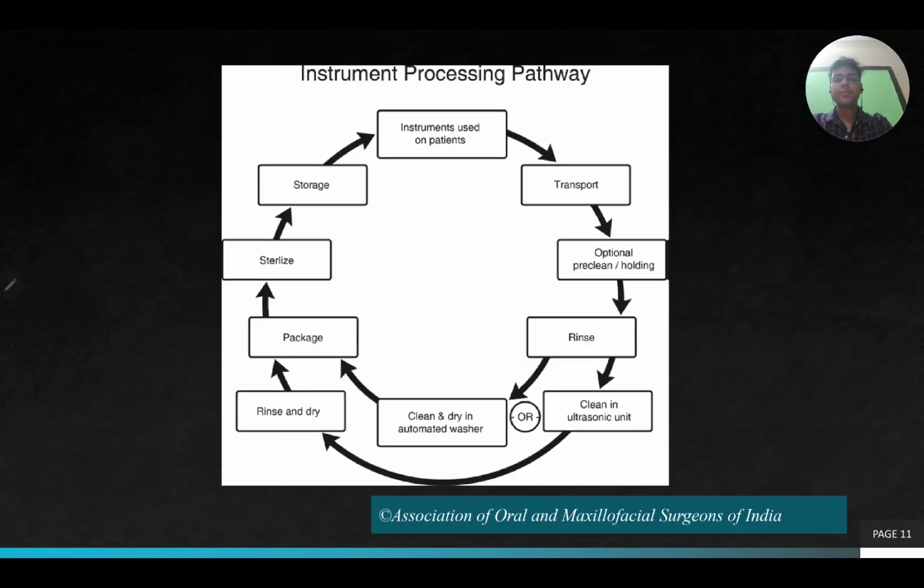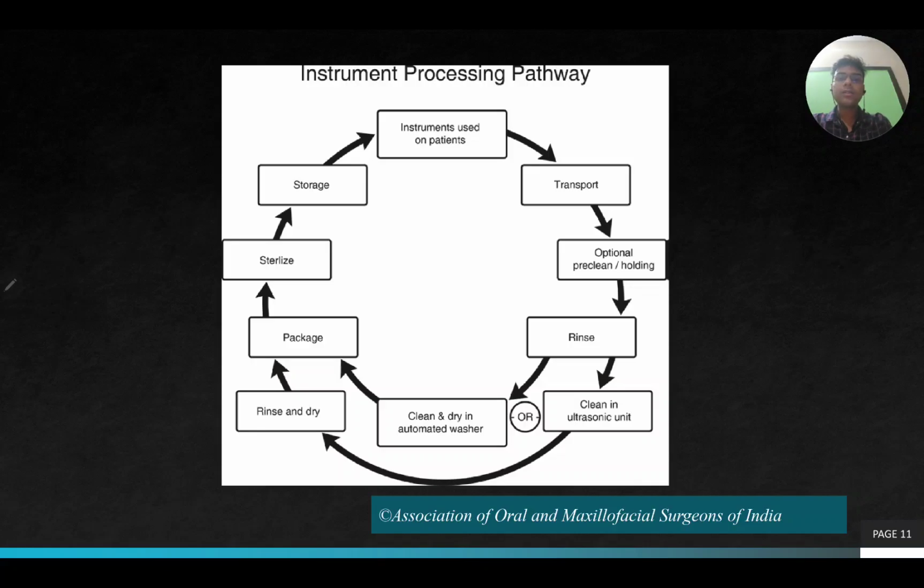Now coming to the instrument processing pathway, this cycle can be followed. This diagram has been taken from the AMSI book, that is the book by the Association of Oral and Maxillofacial Surgeons of India, on oral and maxillofacial surgery for the clinicians.